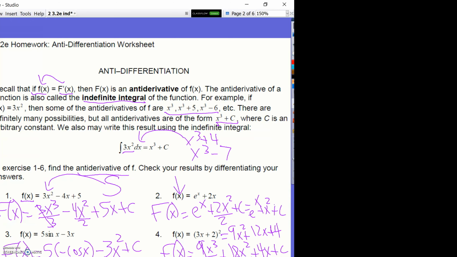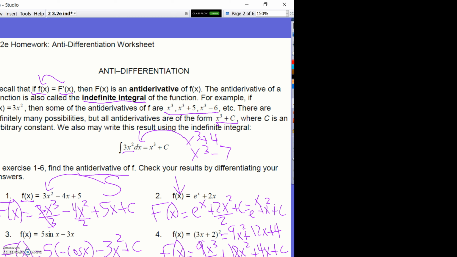X to the 2/3, I'm going to add 3 over 3 because that's adding 1. If my new exponent is 5 over 3, that's what I'm going to divide by. Minus 3x becomes minus 3x squared over 2 plus 1x plus c. Simplifying our term in front, 3/5.